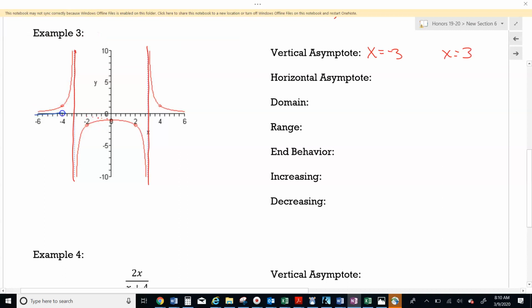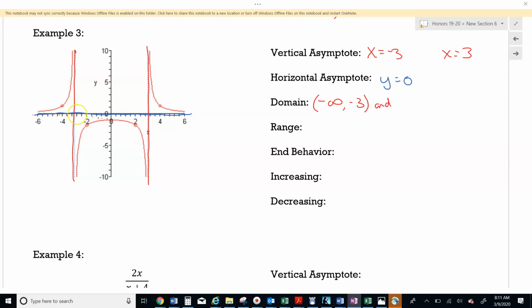Horizontal asymptote, you will only ever have one. This one is also at y equals 0. Okay, so you can never have more than one horizontal asymptote. Then our domain, well, here we have multiple times we have to jump, right? So I'm walking, I'm at negative infinity, and I'm going until I get to that negative 3. Then I have to stop.